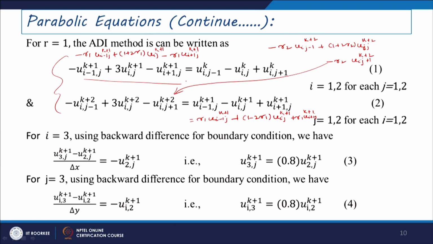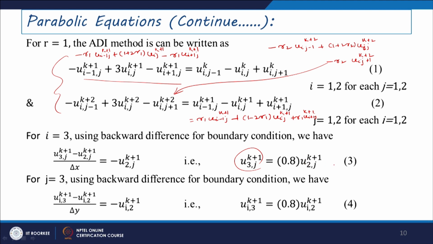Once we use i equals 3 here, using backward difference for the boundary condition, we will have (u3,j,k+1 minus u2,j,k+1) by del x equal to minus u2,j,k+1. From there, this boundary point u3,j,k+1 can be obtained in the form of 0.8 u2,j,k+1.